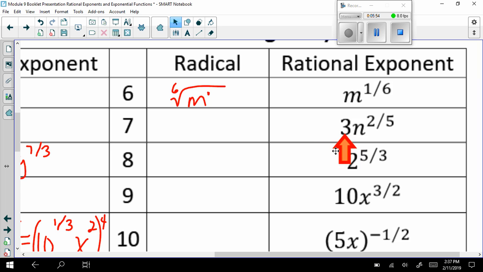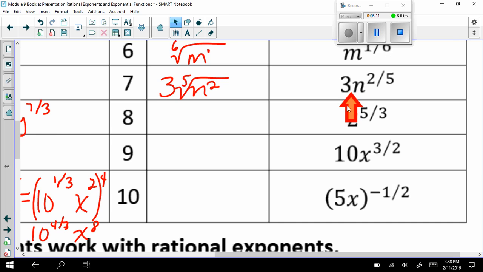Okay, here. The 3 doesn't have an exponent, so the 3 is not part of the radical. The n is the base of the radical. It has an exponent of 2 and a root of 5. So that's 3, and then the fifth root of n squared. Okay, here my base is 2.